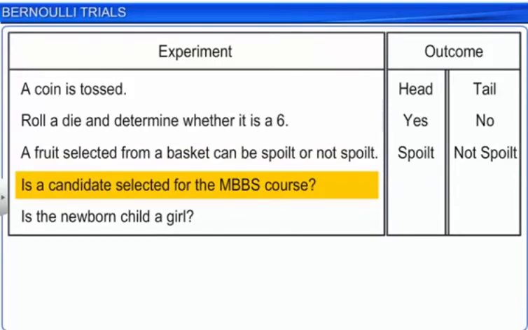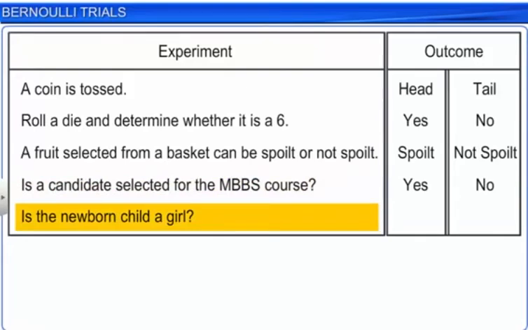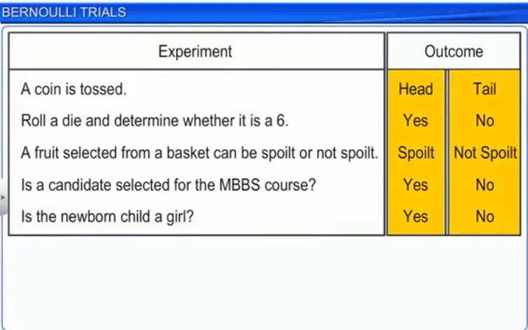Thus, the answer to the question can be either yes or no. The newborn child can be either a girl or a boy. Thus, the answer to the question can be either yes or no. Observe that in each of the cases, there are only 2 possible outcomes.